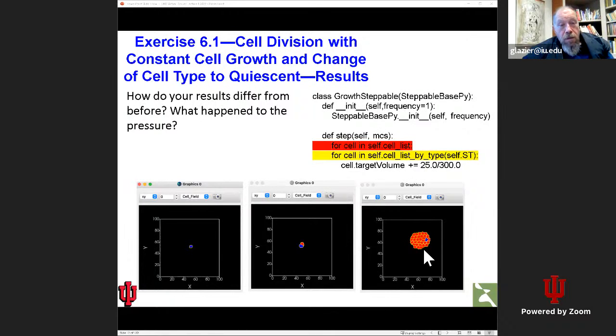Not necessarily, I mean, there can be a wrong answer. It could grow and you say it shrinks. Your code could crash. Those are non-answers. But if you see a particular pattern of behavior in the number of cells, the pressure, the pattern, the size of the cells, what is a reasonable thing to say about those patterns?